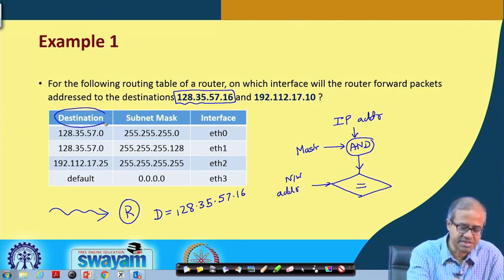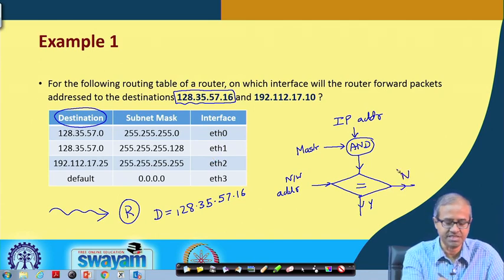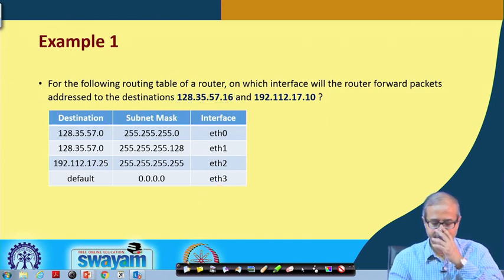Here it is this destination field. So, if there is a match, yes, then we follow the outgoing interface, but if we do not find any match anywhere, then we will be taking the default route, it will be forwarded to ETH3, right.